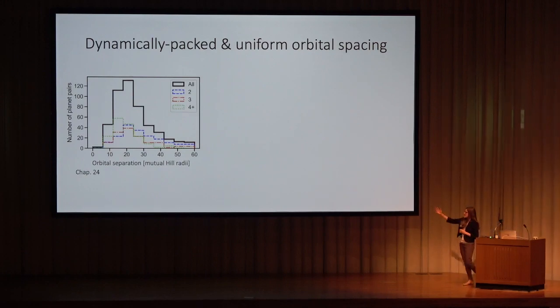So the mutual Hill radius is a measure of the sort of characteristic length scale of gravitational interactions between planets. Planets need to be spaced by more than about 5 to 10 mutual Hill radii in order to be dynamically stable. So this characteristic spacing of around 20 mutual Hill radii indicates that many of these systems are kind of piled up near their stability limit.